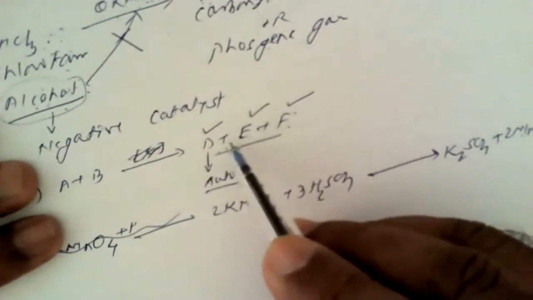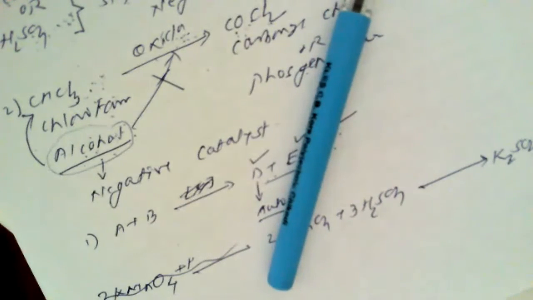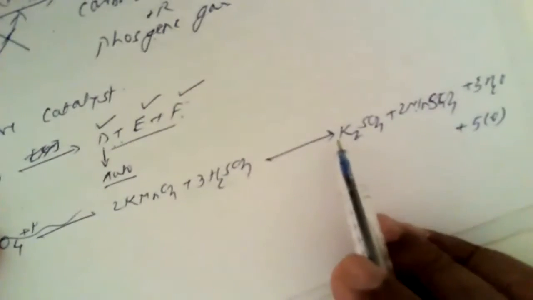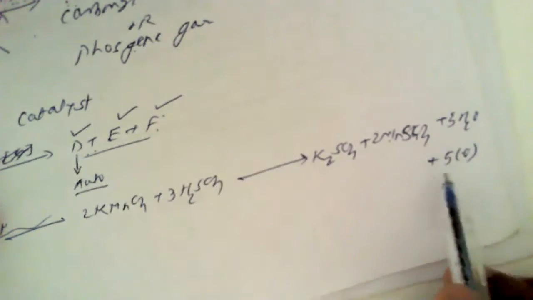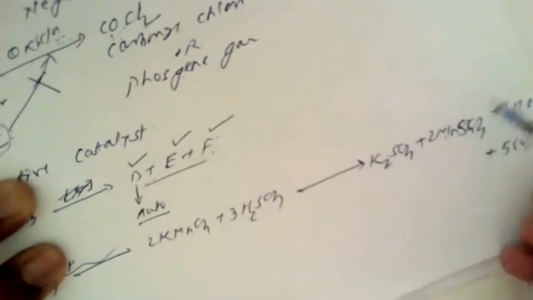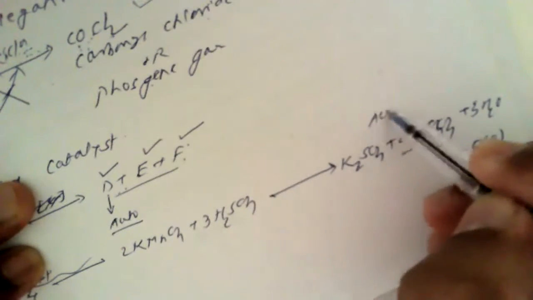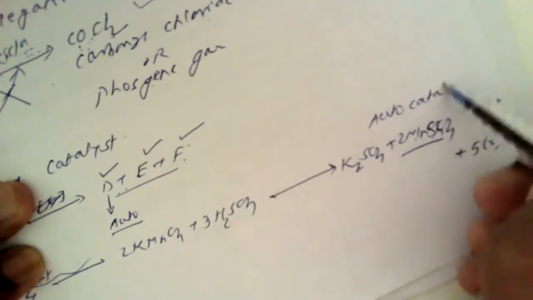Now, as per our definition, in the course of this reaction, either this product or this or this, they may catalyze the reaction, that is, act as an autocatalyst. In this case, the formation of MnSO4 acts as an autocatalyst.